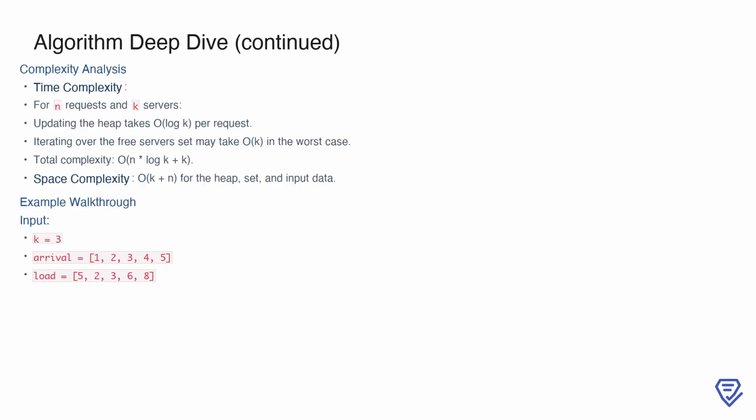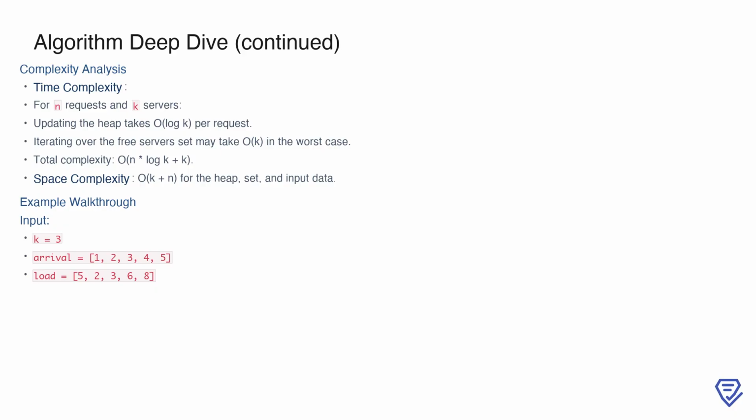For n requests and k servers, the most computationally expensive operation is updating the heap, which takes O(log k) time per request. In the worst case, iterating over the free servers set may take O(k) time. Combining these operations, the total time complexity becomes O(n * log k + k).